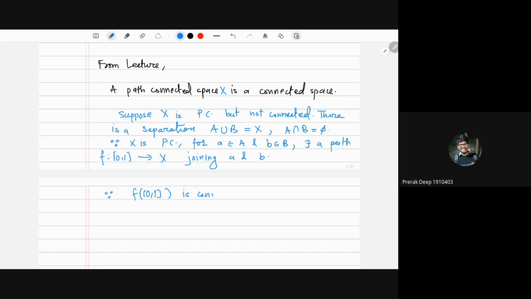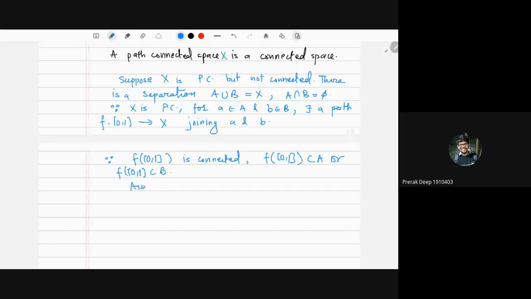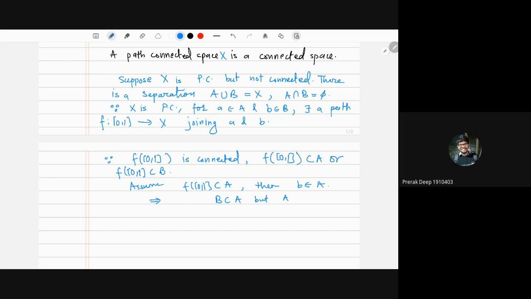Since the image of this path is connected, it has to be in either of the separated sets. So the image is either in A or in B. If we assume that the image is in A, then b is also in A. So this implies that B is contained in A, but A intersection B is empty.